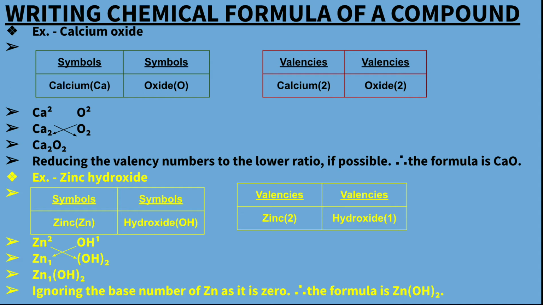It becomes Zn1 and OH2. Ignoring the 1 at the base of Zn, the formula becomes Zn(OH)2, because the total OH radical will have the valency as 2.